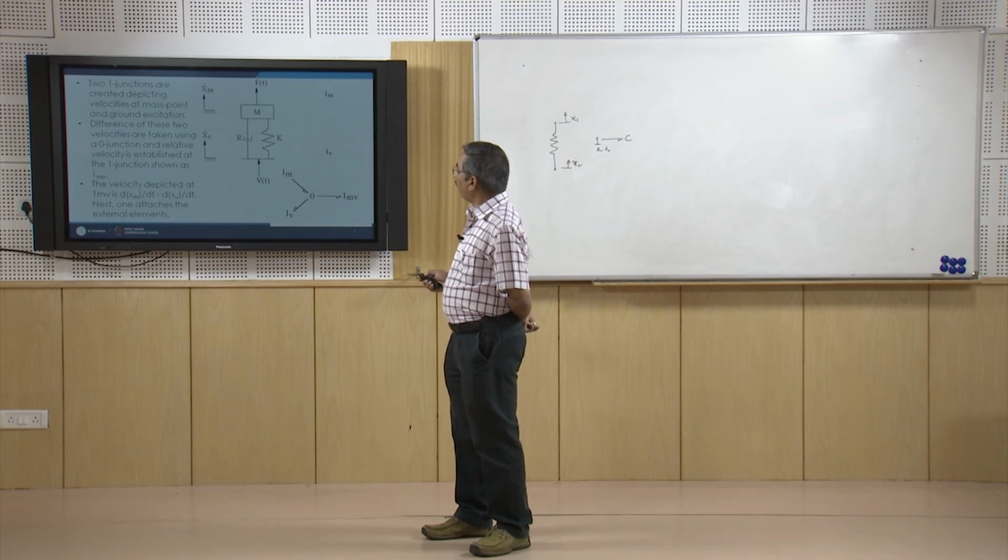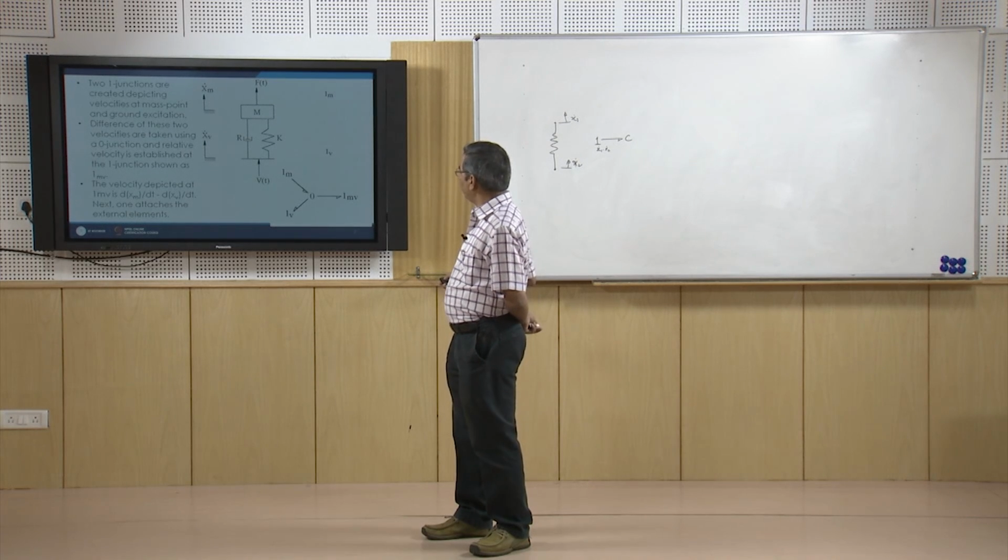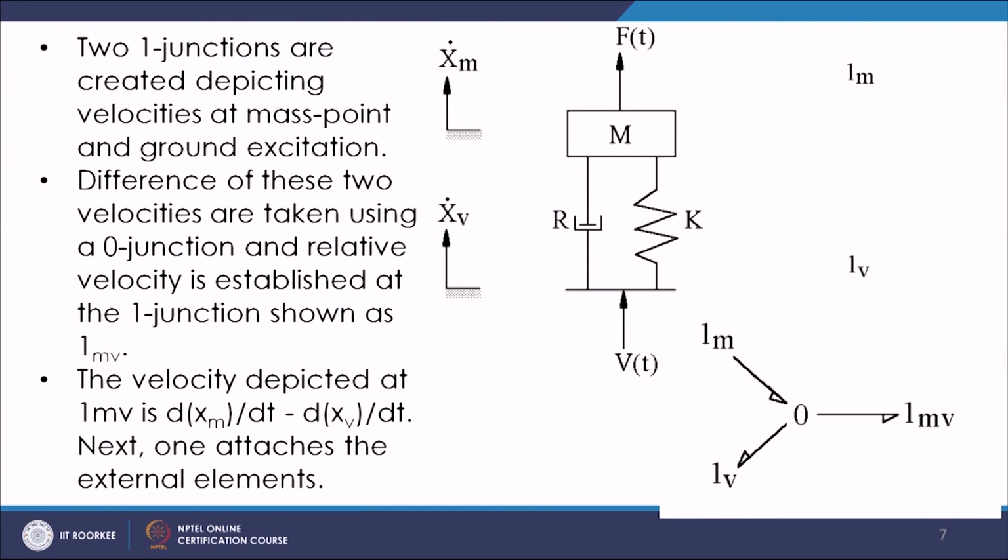Then we take the difference of these two velocities using the zero junction. Here I establish a zero junction and take the velocity difference. How does this velocity difference come? Basically, here the power is in and here the power is out.